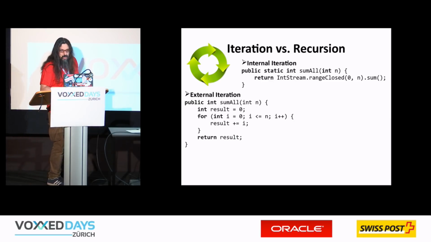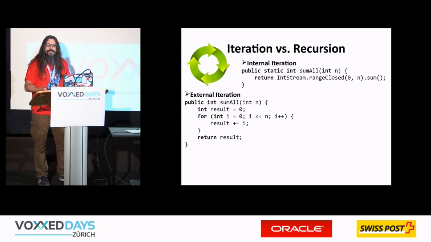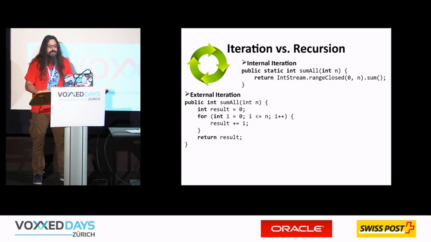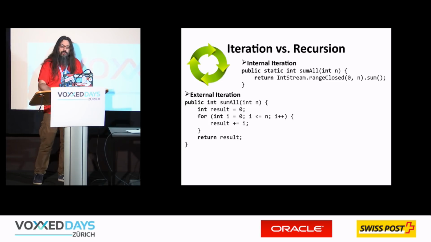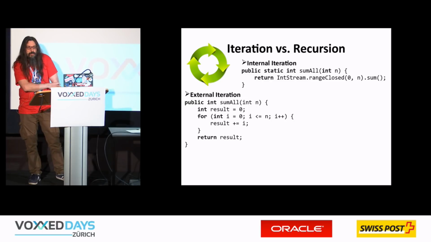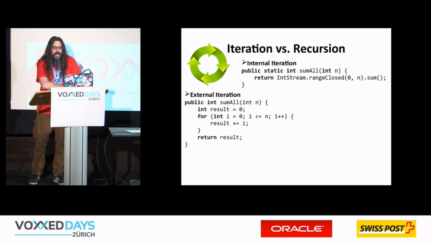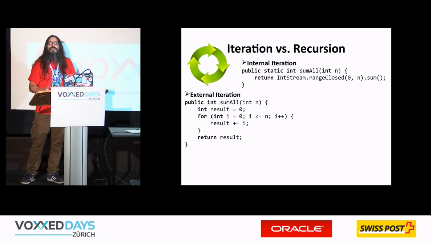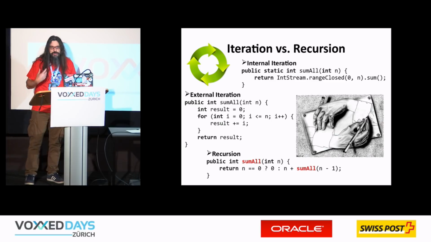You have the external iteration, which is the iteration we are used to until Java 7, which is, let's say, a for loop that iterates a set of numbers. And then with streams, we introduced this internal iteration. But as I said, there's a third way.